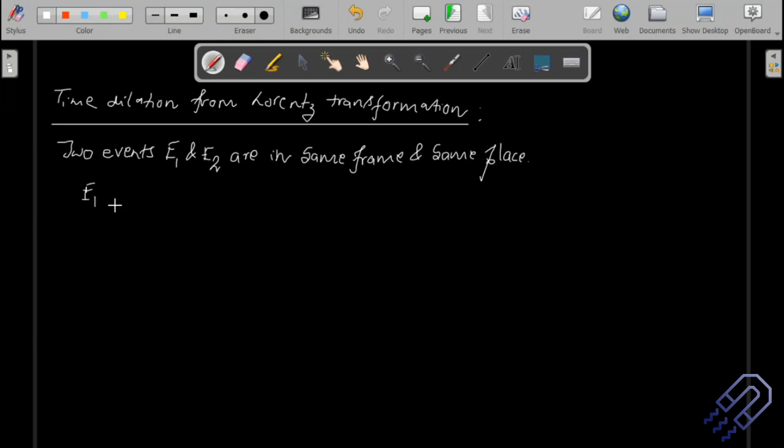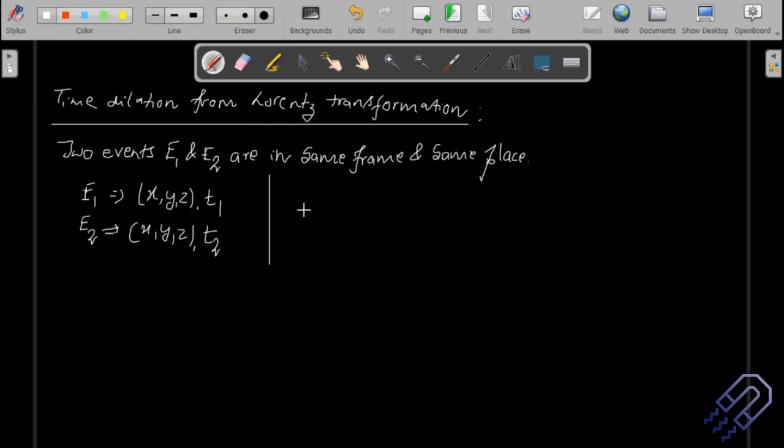So for event 1 it will be the x, y, z coordinate at time t1, and event 2 will be the same x, y and z coordinate, but at time t2. If you want to derive this from Lorentz transformation, this assumption is very important. So this was in the S frame.